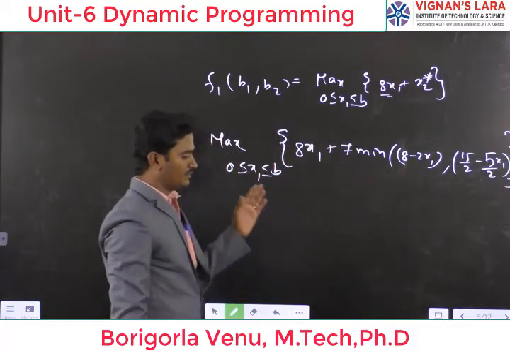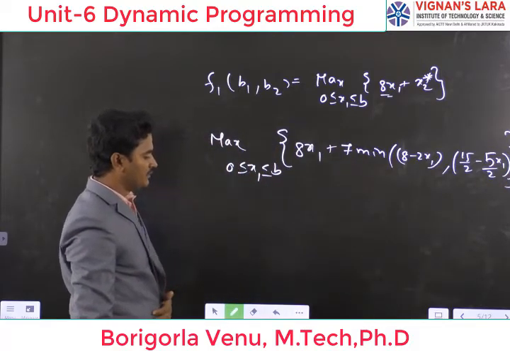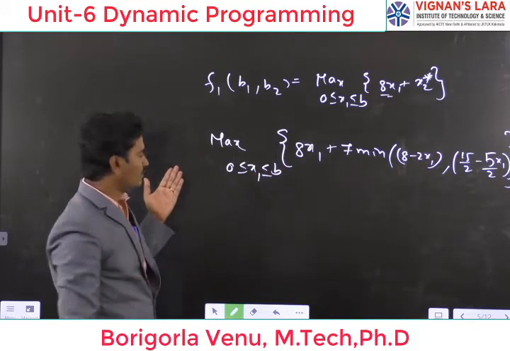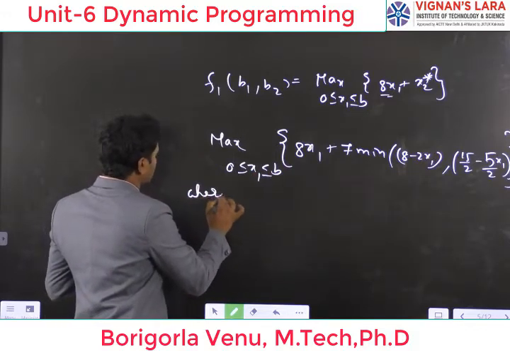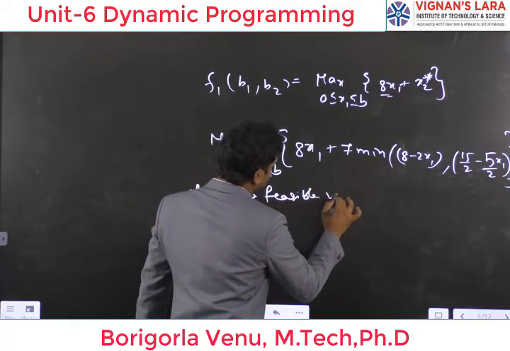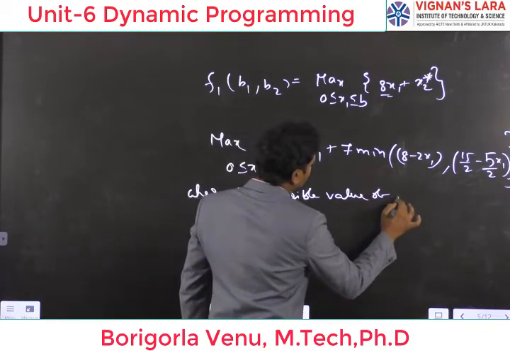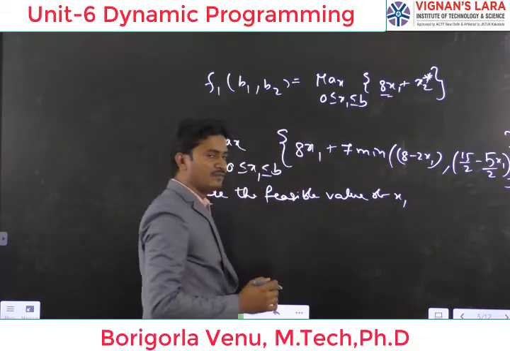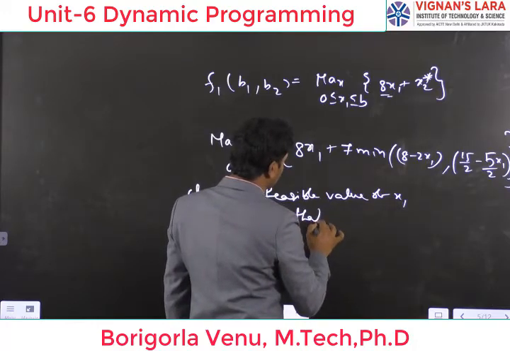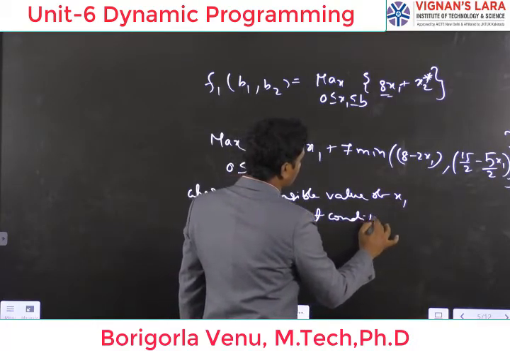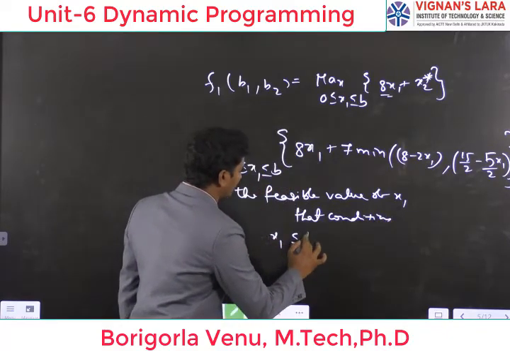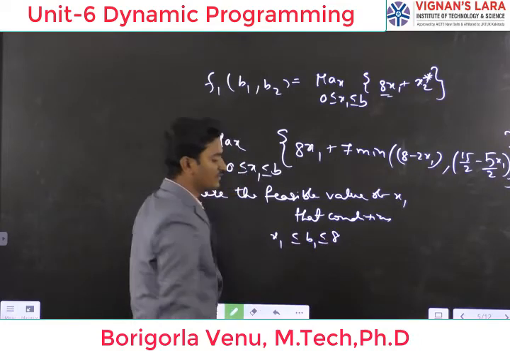Okay, from this I am going to calculate the x1 value. The feasible value of x1 is taken from the first stage, that is the condition: the constraints we are going to take, x1 less than or equal to b1, less than or equal to 8 at the first stage.